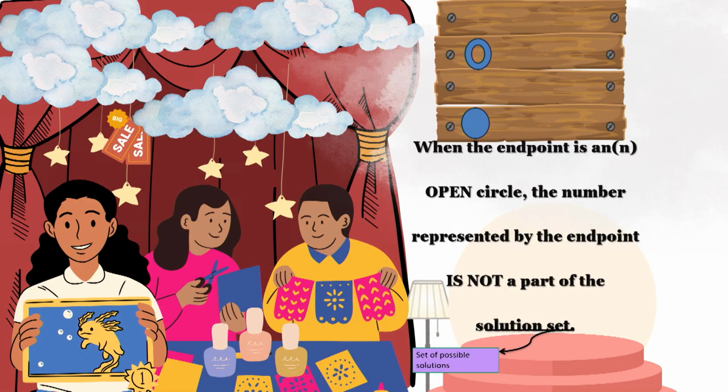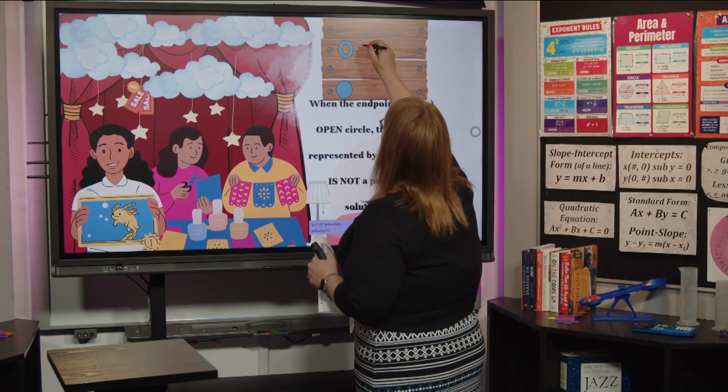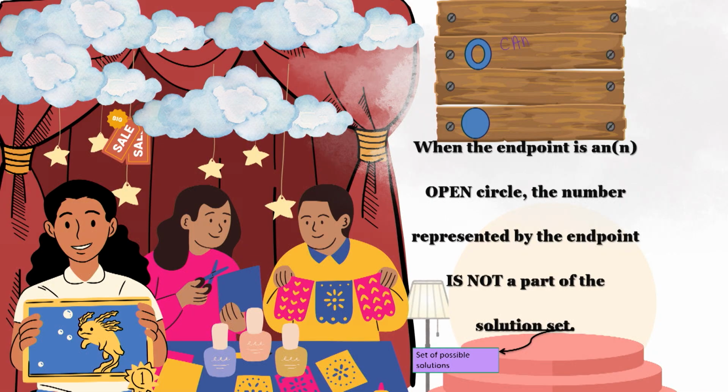It says when the endpoint is an open circle, then the number represented by the endpoint is not a part of the solution set. And we said that a solution set is a set of possible solutions. So when I have this open circle, it cannot be part of the solutions.